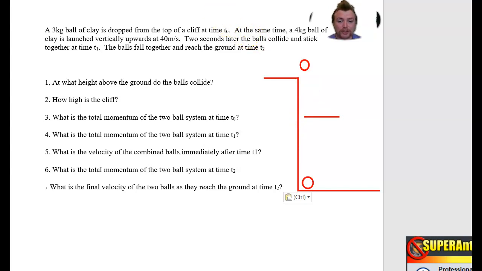That's enough to start with. All right, I'm just going to label this. This is at T1.